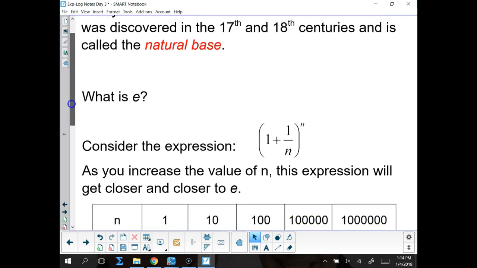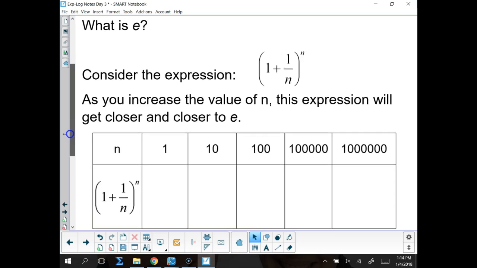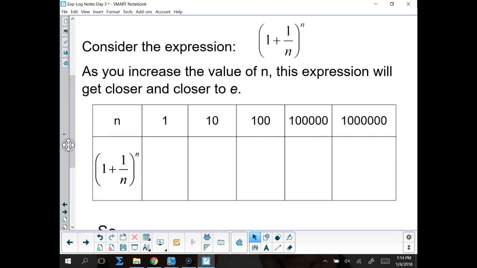So let's use this formula here to figure out e. As we increase the value of n, this expression will get closer and closer to e. So let's plug 1 into that expression.